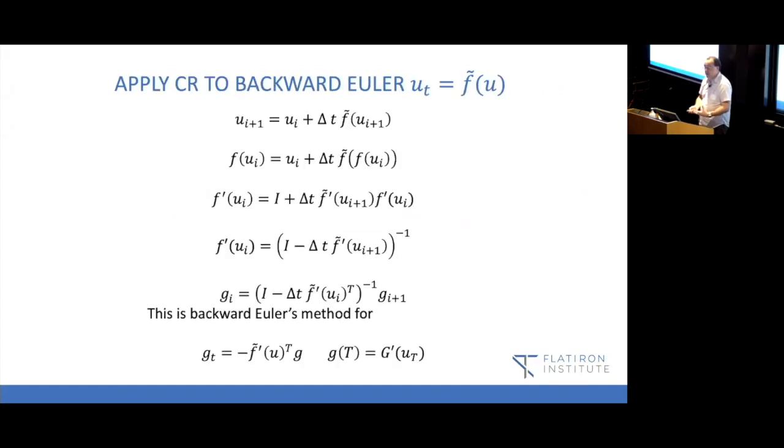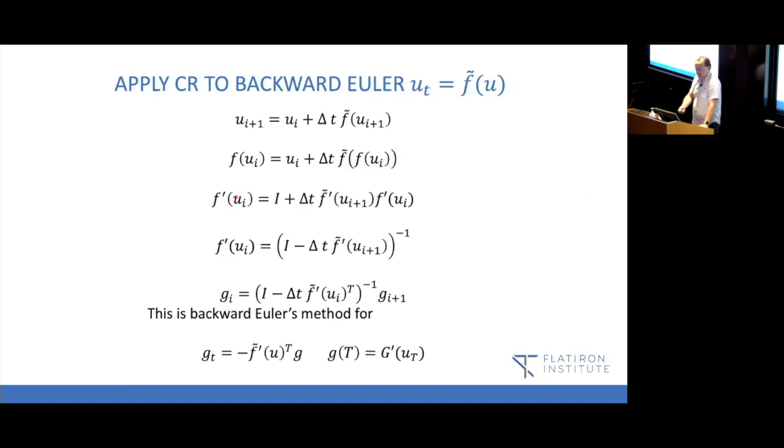So let's do the same thing for backward Euler. It's a little more involved, but it's basically the same thing. We have our formula for u_{i+1} in terms of u_i. So the f now is defined implicitly because we need the f in the evaluation of the right-hand side for backward Euler because it's an implicit method. But we can still find its derivative easily.